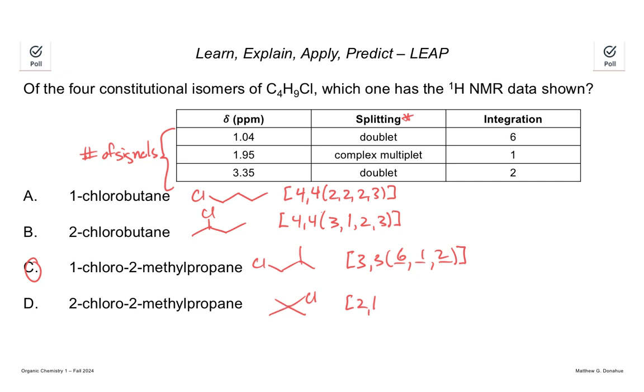Since it's one number, we have 3 times the 3 methyl groups, so that's going to be 9. So overall, through this exercise, even though you're given one molecular formula, after you draw the constitutional isomers and figure out the uniqueness, you can differentiate them.